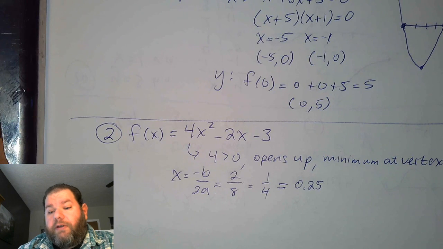If the exponent was an odd number, it basically wouldn't have a maximum or a minimum, because if our leading term has an odd exponent, then it either goes up left and down right, or down left and up right. It goes to infinity both directions.